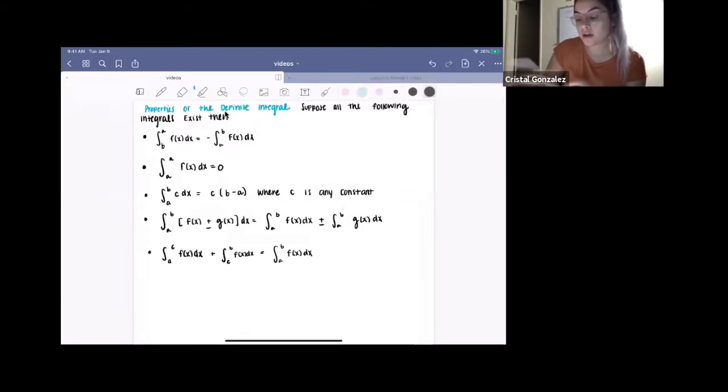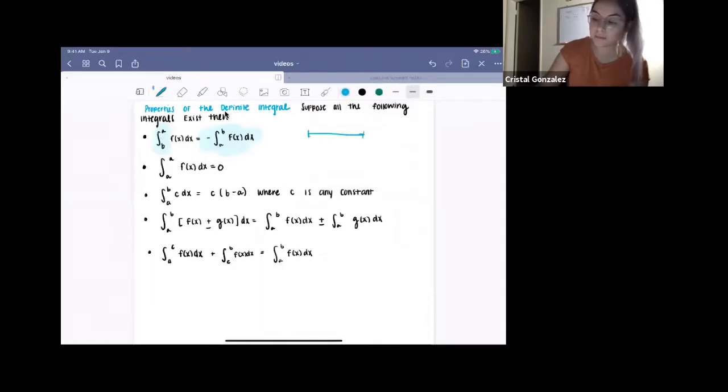If the following integrals exist, then if we have an integral from b to a, which is weird because normally we have the integral from a to b, then we can rewrite it as negative a to b. So that's all that's saying is that if they give you it from b to a, you rewrite it in terms of a to b, but now you have to tack on that negative sign. That's all that means.